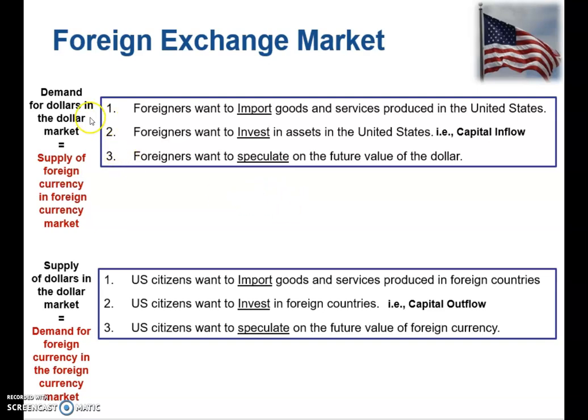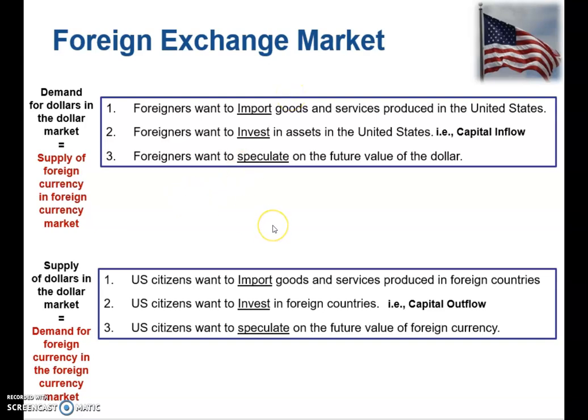Well, they may want to demand dollars and supply their pesos, essentially get rid of their pesos and convert them into dollars because they believe the dollar is going to go up in value. That would be speculation. In all three instances, whether Mexicans want to import, invest, or speculate, there is a supply of pesos to demand dollars to bring about those transactions.